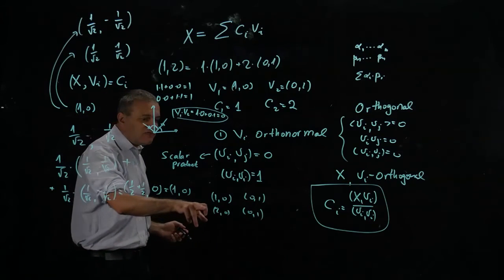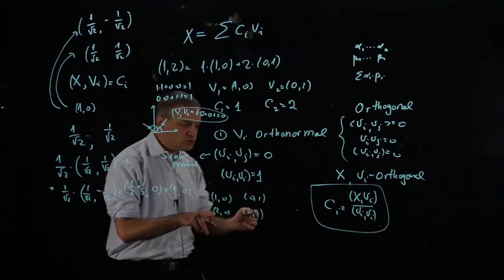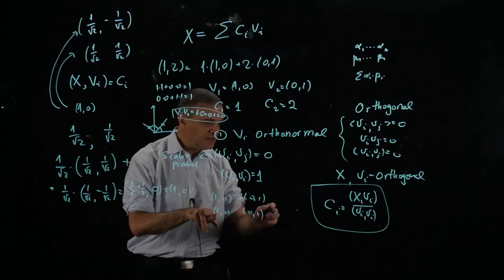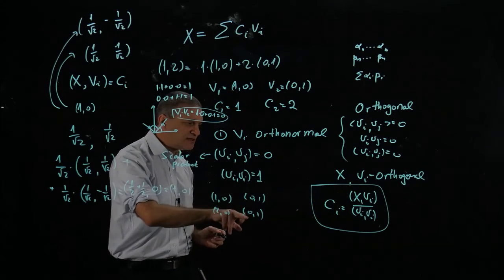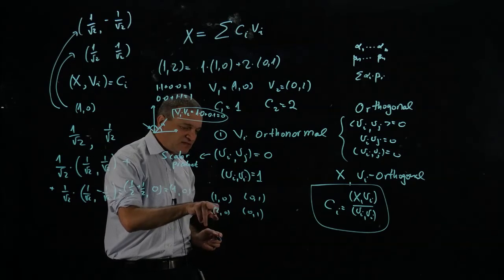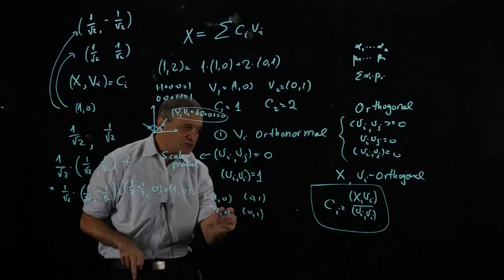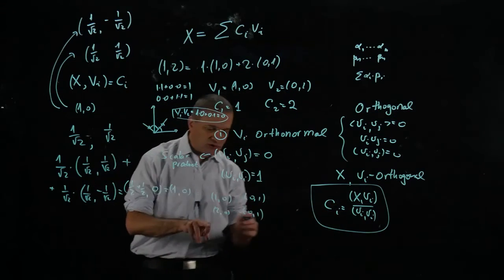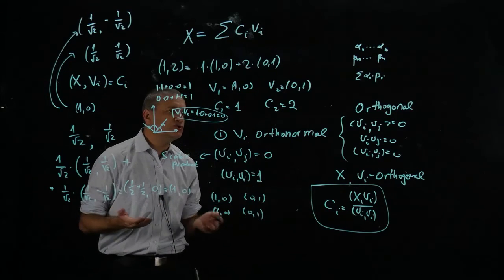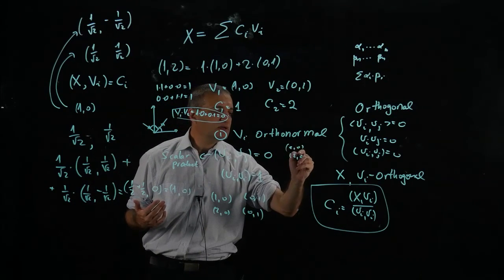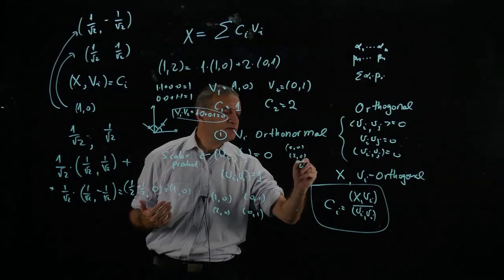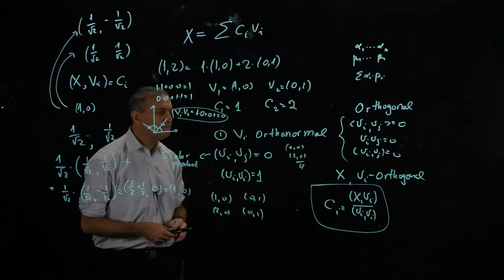Now, in order to normalize, all you need to do here is divide by 2. You have the scalar product, and for the second one nothing will change. For the first one, all you need to do is divide by 4, because the scalar product of (2, 0) with (2, 0), when you multiply it, gives you 4. Okay? So that's it.